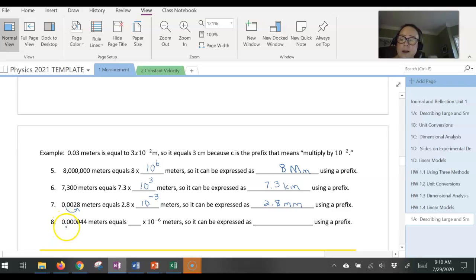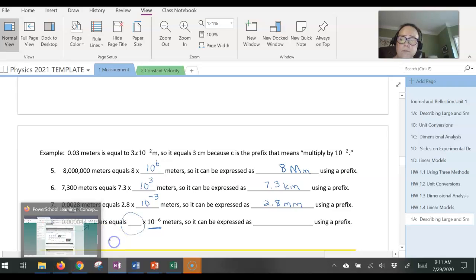And let's look at the final one here. I've got 0.00044 meters. And I want to figure out what is the leading number that would be times 10 to the negative 6. Well, 10 to the negative 6 means that I have to move the decimal place 6 places to the right.